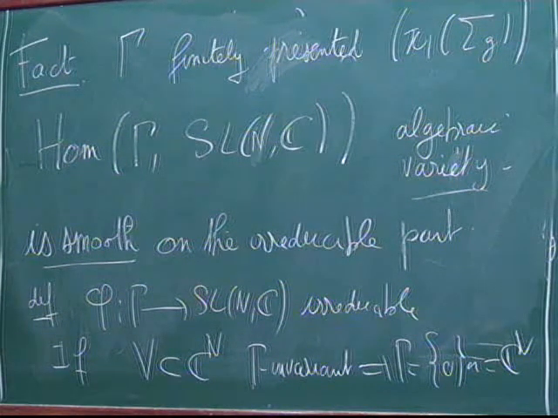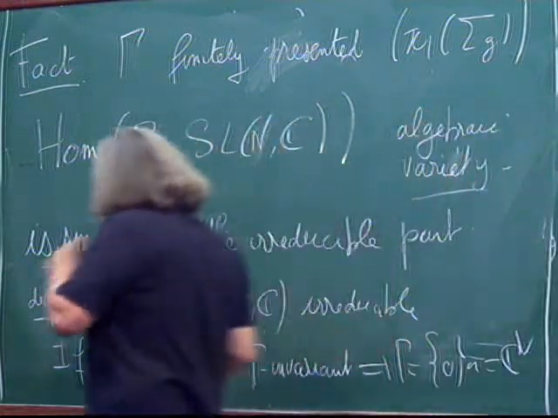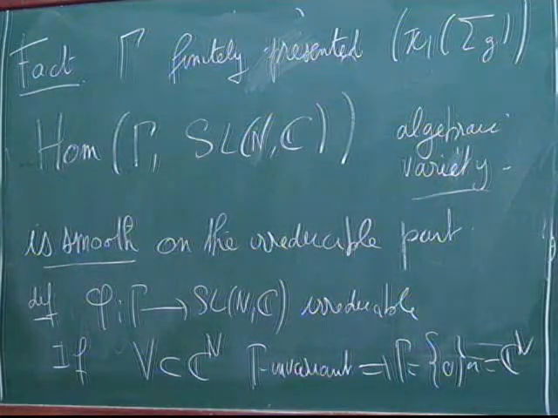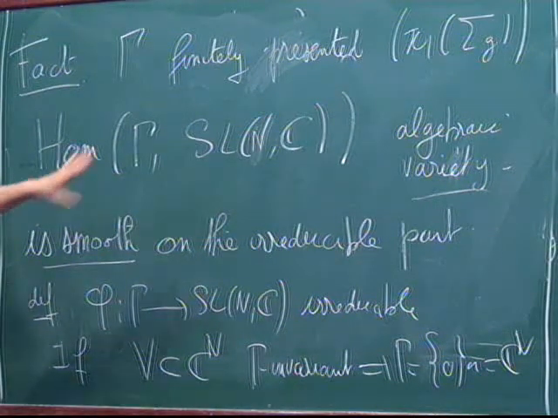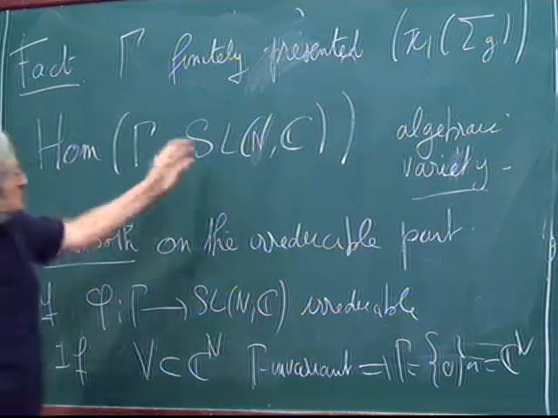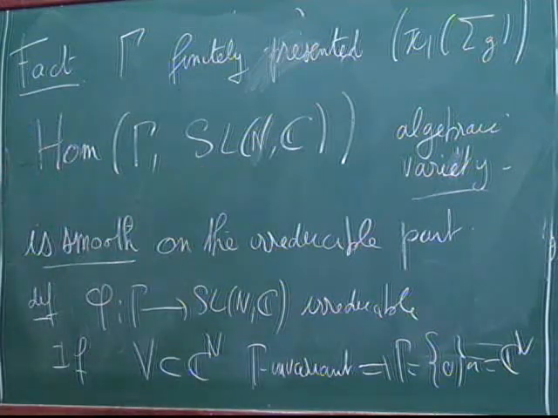Now, of course, comes the problem of working up to conjugacy. Here I'm not working up to conjugacy, because it's just homomorphism from gamma to SLNC.